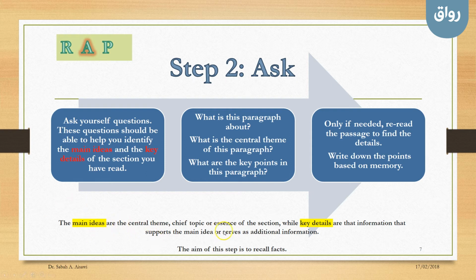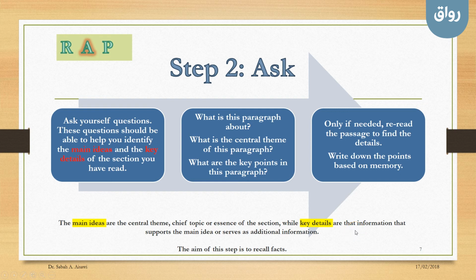For those of you who are unfamiliar with these terms, the main ideas are the central themes or the main subtopics in the paragraph or the reading passage, and the key details are the information.